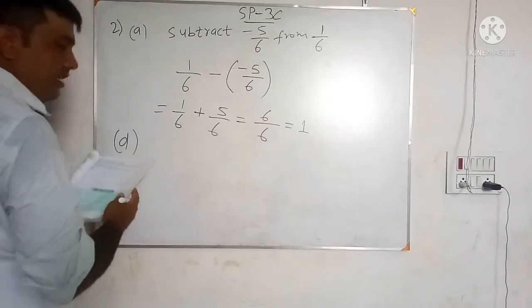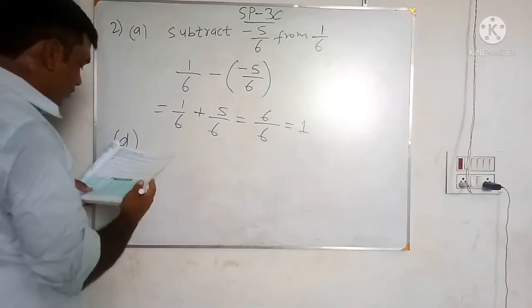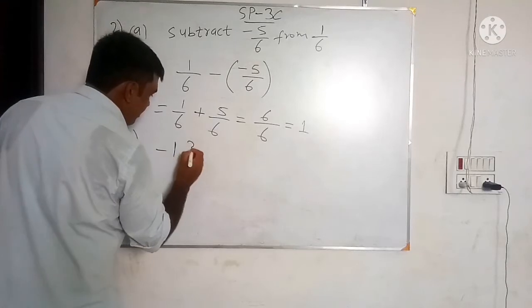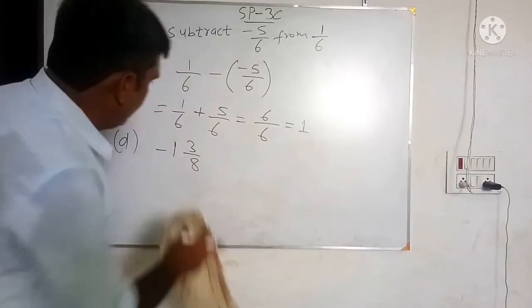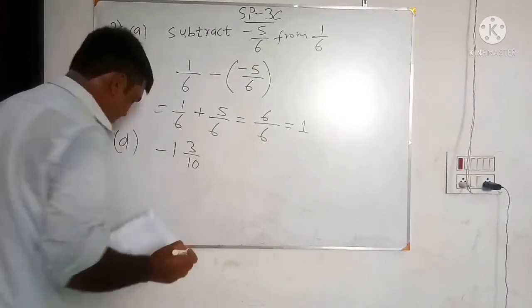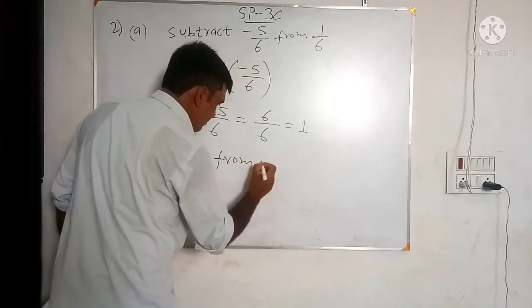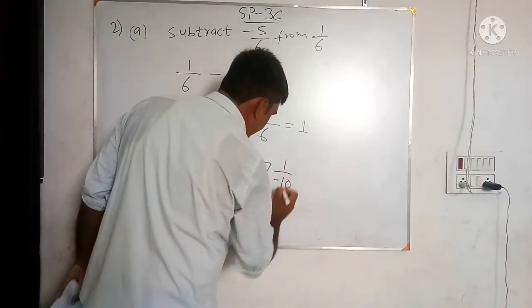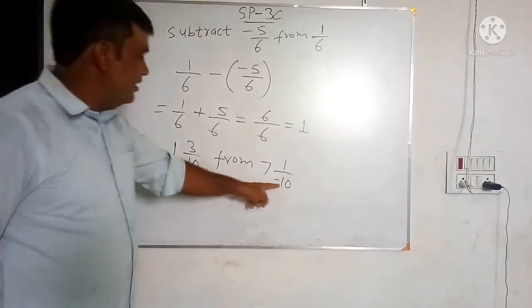2D. B and C I am leaving for homework. Subtract minus 1 3 by 10 from 7 1 upon minus 10. Again it is not in the standard form.